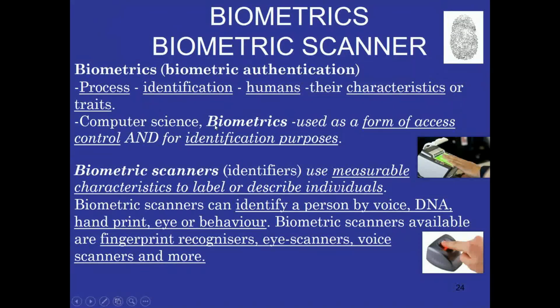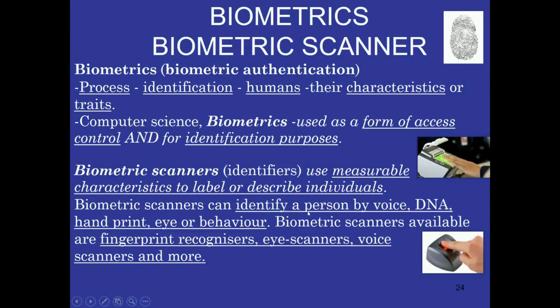In computer science, biometrics is used as a form of access control and for identification purposes. Biometric scanners, these are the input devices. They are identifiers. We use them, or they use measurable characteristics, your finger, your eye, your voice, your face, to label or describe individuals.